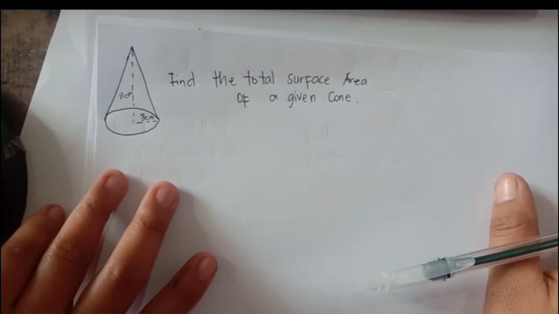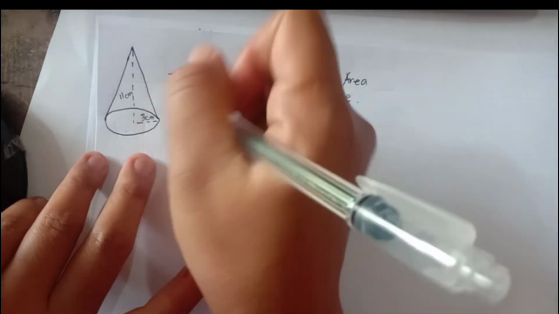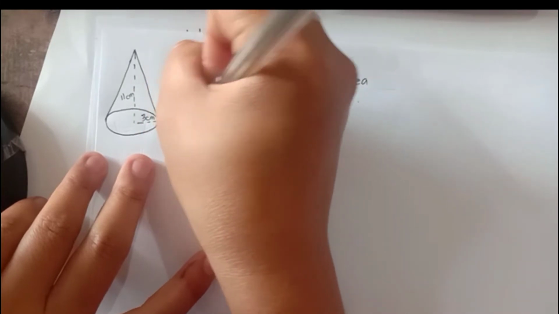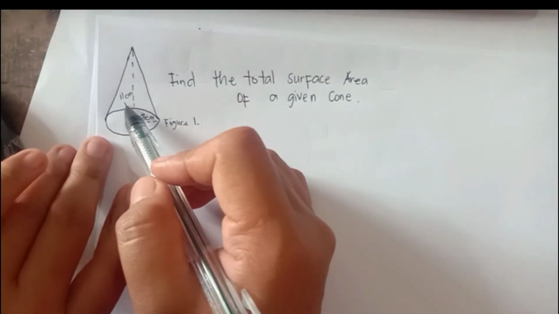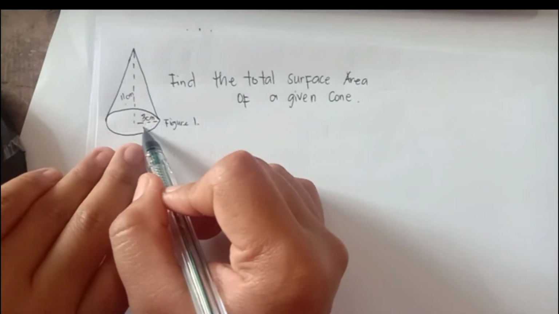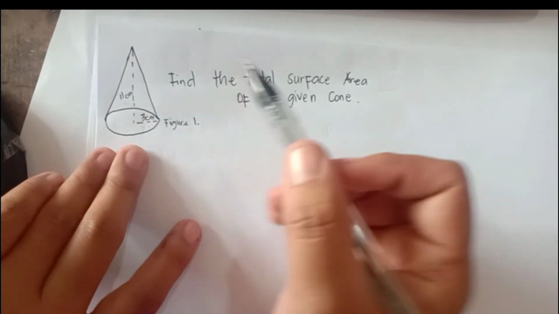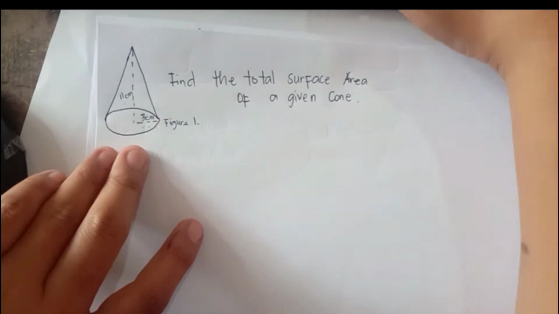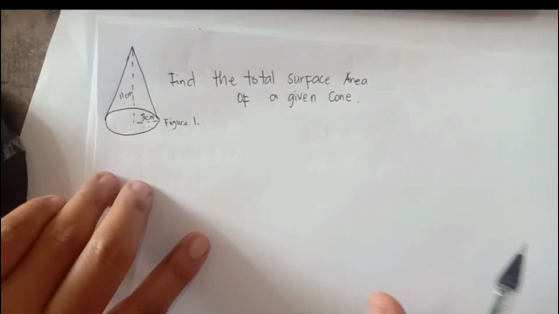Find the total surface area of a cone. So, as you can see, we have a figure here. Ang sa atong figure, merong height na 11 cm. Then, a radius is 3 cm. So, paano natin hahanapin yung total surface area niya? Ano yung una nating gagawin?